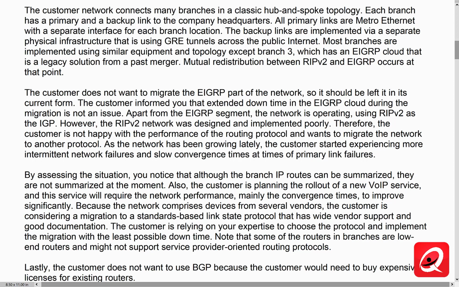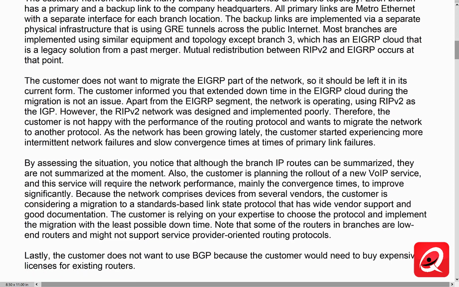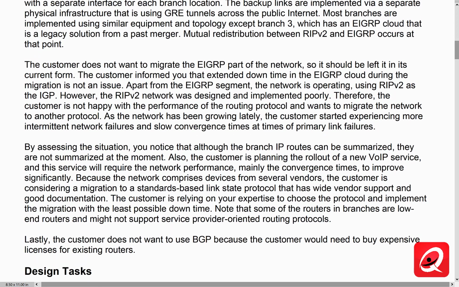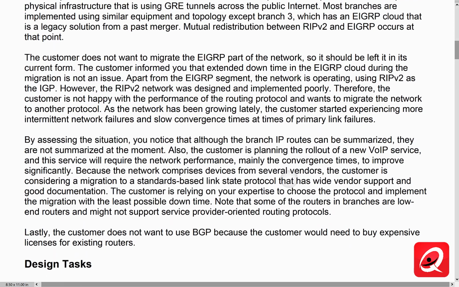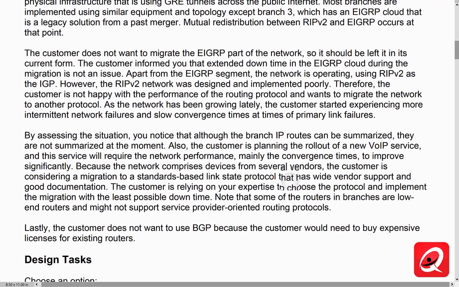Pretty common, actually, to do a private versus a service provider versus a customer-managed VPN over a public domain. Most of the branches are implemented using similar equipment and topology except for branch 3, which has an EIGRP cloud that is a legacy solution from a past merger. Mutual redistribution between RIP version 2 and EIGRP occurs at that particular point.